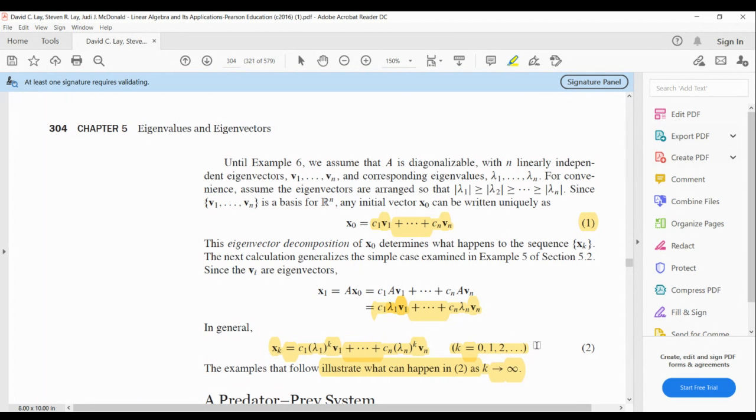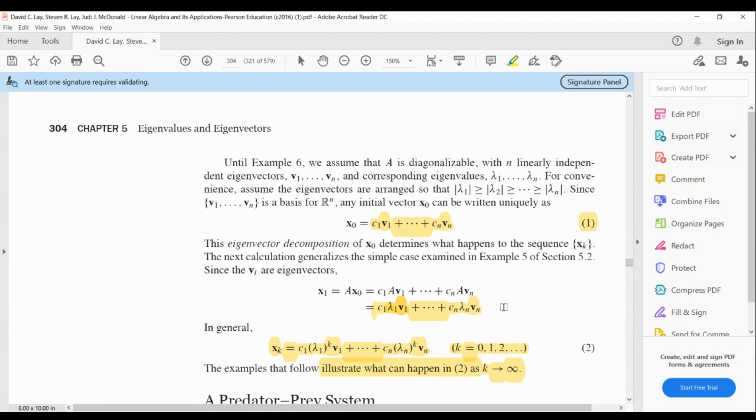Okay, are there any questions on this? We're going to get to an example, but are there any questions on this idea before we move to the examples? It's really quite beautiful because you're using all your linear algebra knowledge.